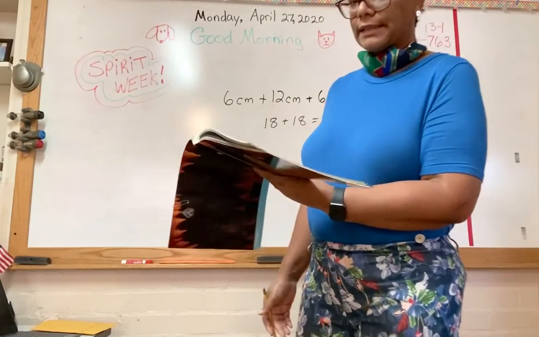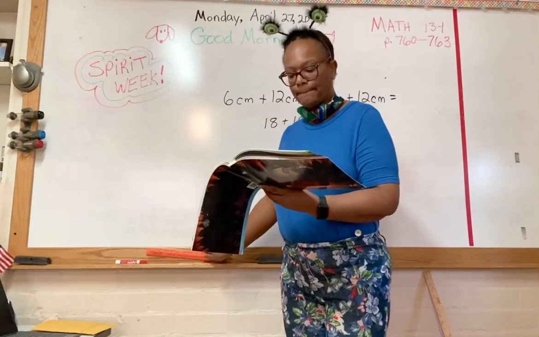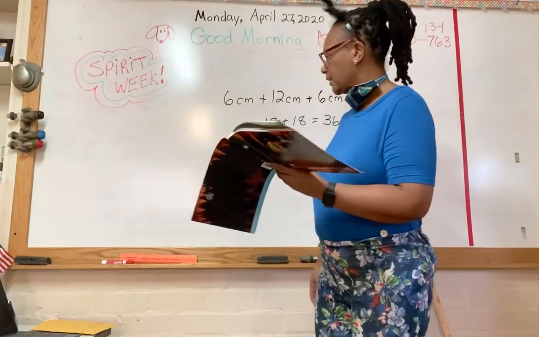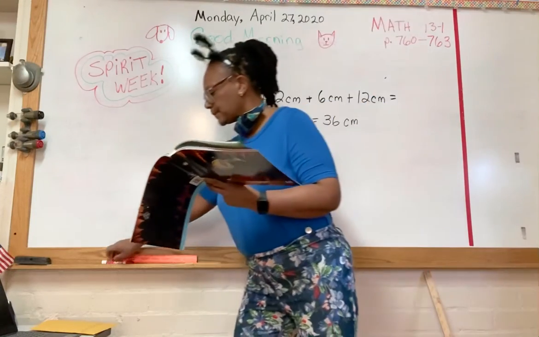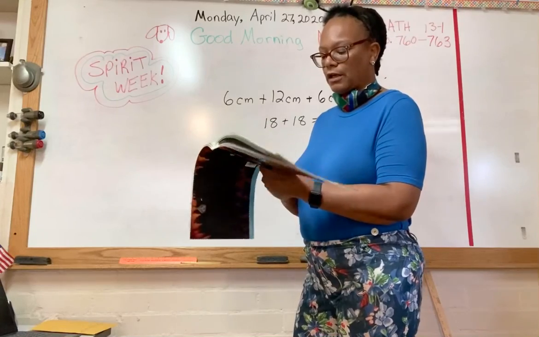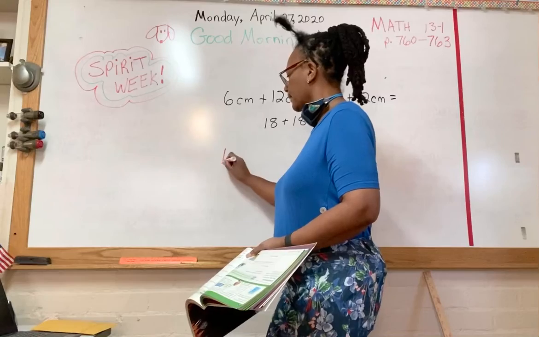What is the distance around the puzzle? Isn't that a cool picture of a horse? I like to put together puzzles sometimes. And let's see. At the top of the puzzle, it says 15 inches, right?